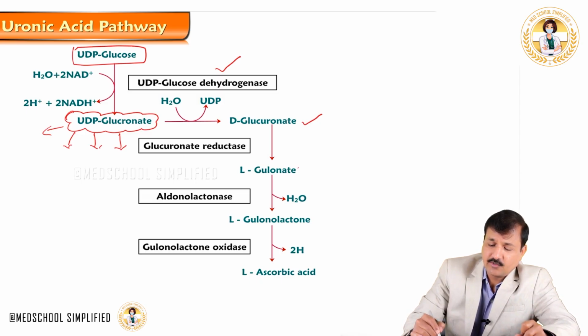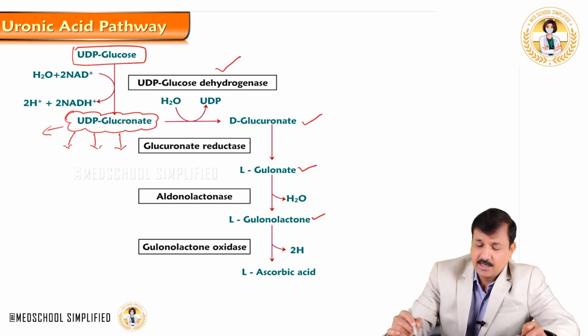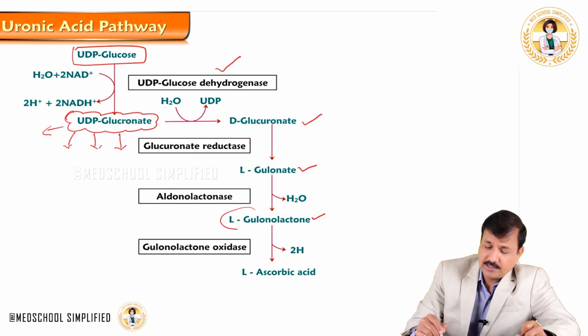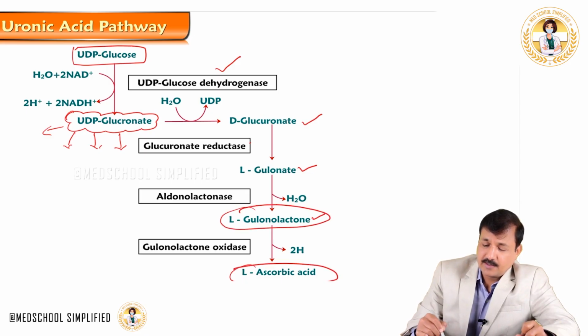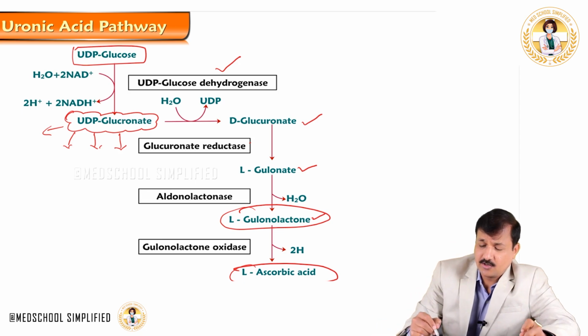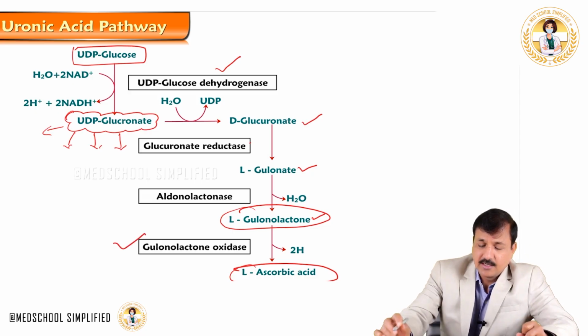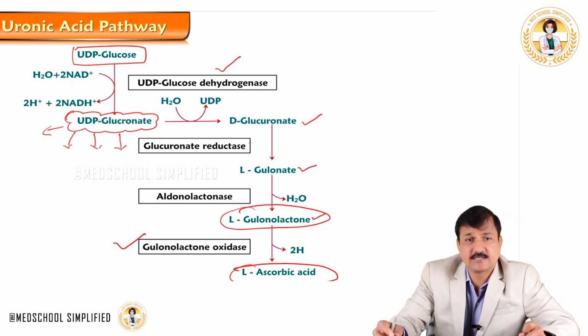Glucuronate is converted to L-gulonate by the glucuronate reductase enzyme. And L-gulonate is converted to L-gulonolactone by the aldonolactonase enzyme. And in most plants and in some animals, L-gulonolactone is converted into L-ascorbic acid by the gulonolactone oxidase enzyme.